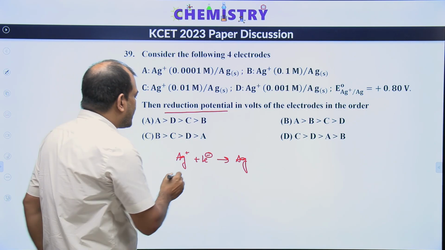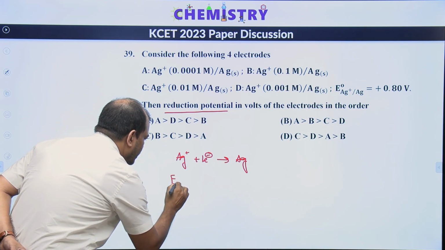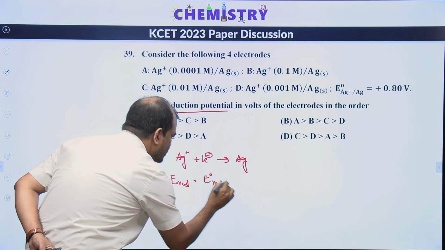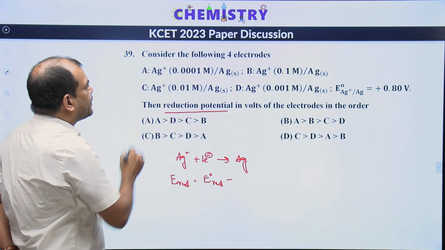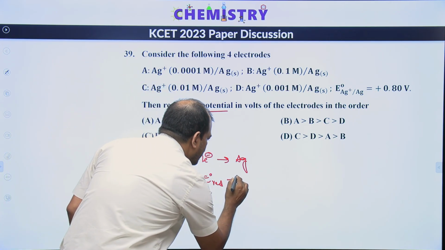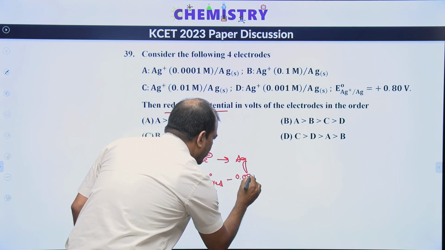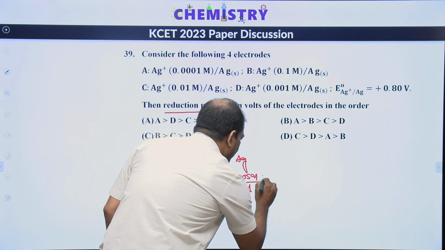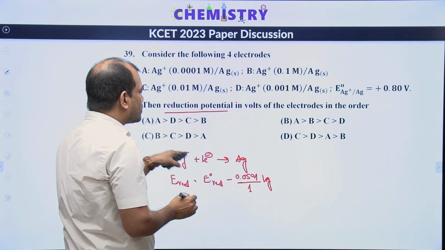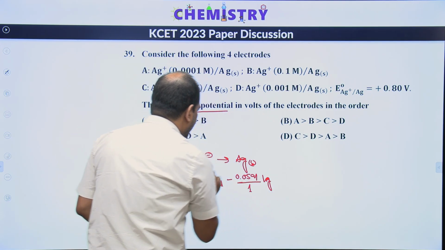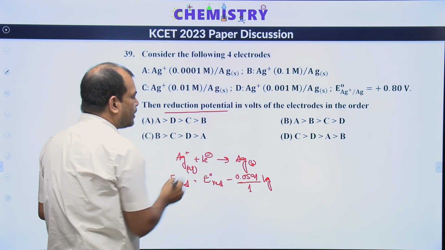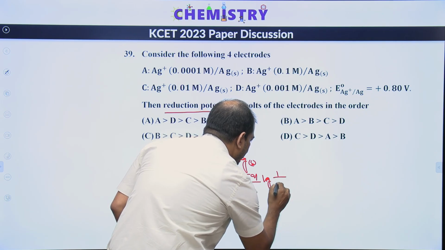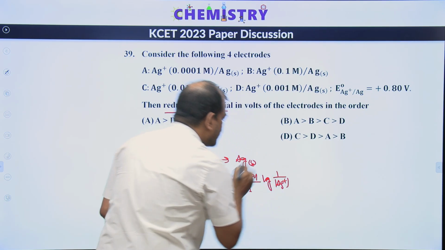Therefore, if I use the Nernst equation here, E reduction should be equal to E naught reduction minus 0.0591 by the number of electrons exchanged, 1, then log of the reaction quotient. Temperature is not mentioned, therefore I can assume the standard temperature. This is solid and that is aqueous, therefore solid is not coming in this reaction quotient expression, so you have to write the Ag plus concentration.